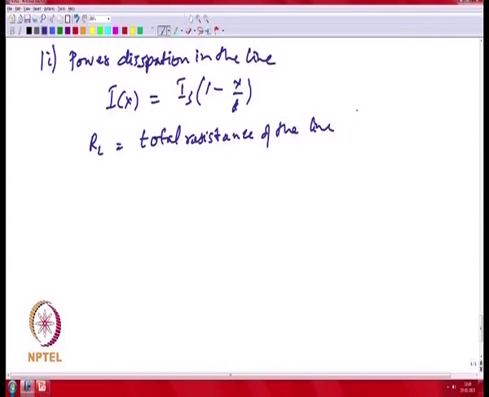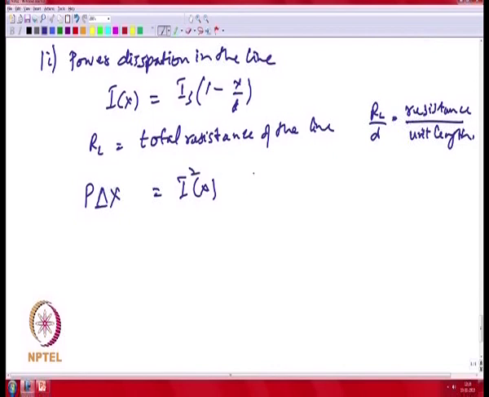So, your resistance per unit length is given by RL by D. So, we can write an expression for what is the power dissipated along an incremental length delta x along that particular feeder, given by I of x square into RL by D into delta x.